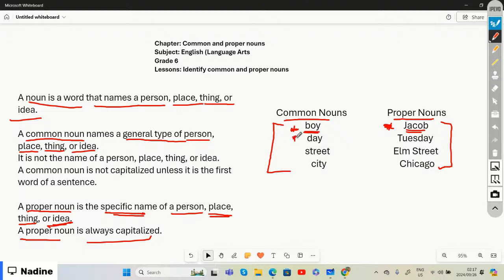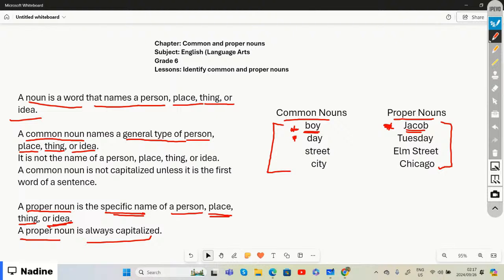For example, day, right? That day, I went to the beach, right? It's like you're making mention of a day that you went to the beach. So day can be any day.